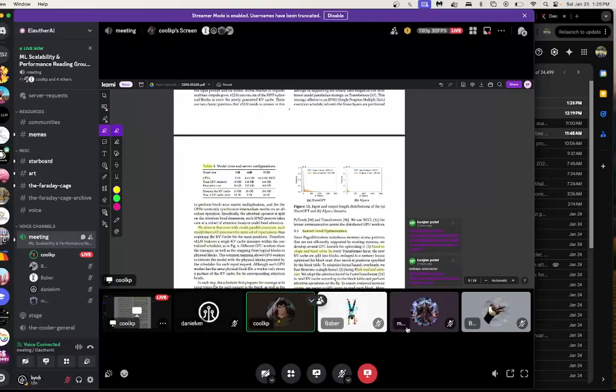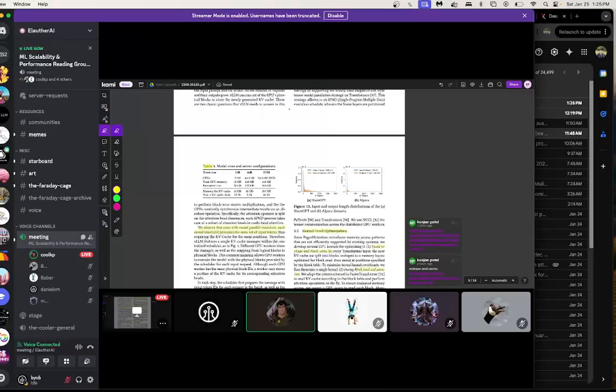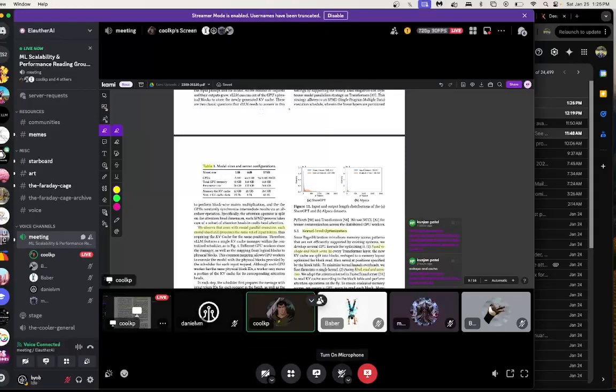This requires KV cache. The importance of this fact is that the part of the KV cache accessed by a device is governed by which tokens it's processing in the sequence, that is, which tokens it's computing the attention scores for. That's why they're highlighting that the memory use will be the same, requiring the same KV cache for the same position.